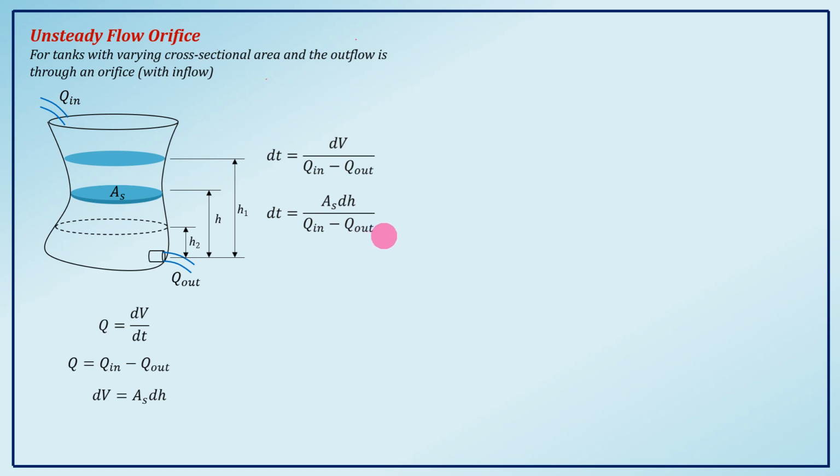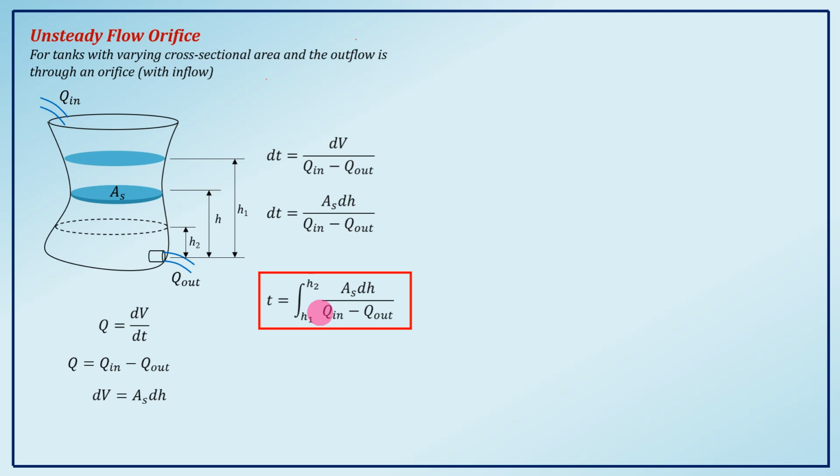And for us to get the total time para ma-reach natin itong level na to na H2, we have to integrate both sides of our equation. So, integrating dt, we have T, and integrating naman yung nandito sa right side ng equation natin, that would be an equation. And the limit would be from H1 to H2. So, upper limit is H2, hanggang H1.